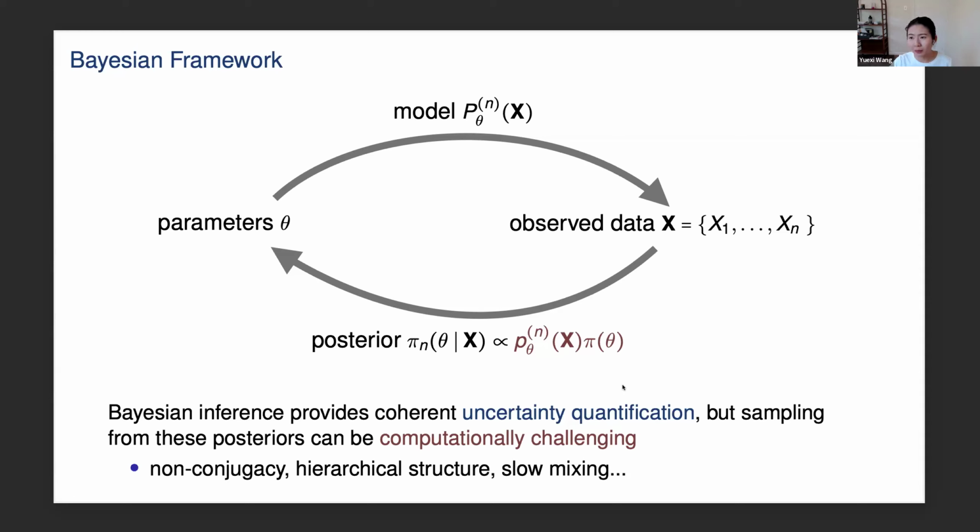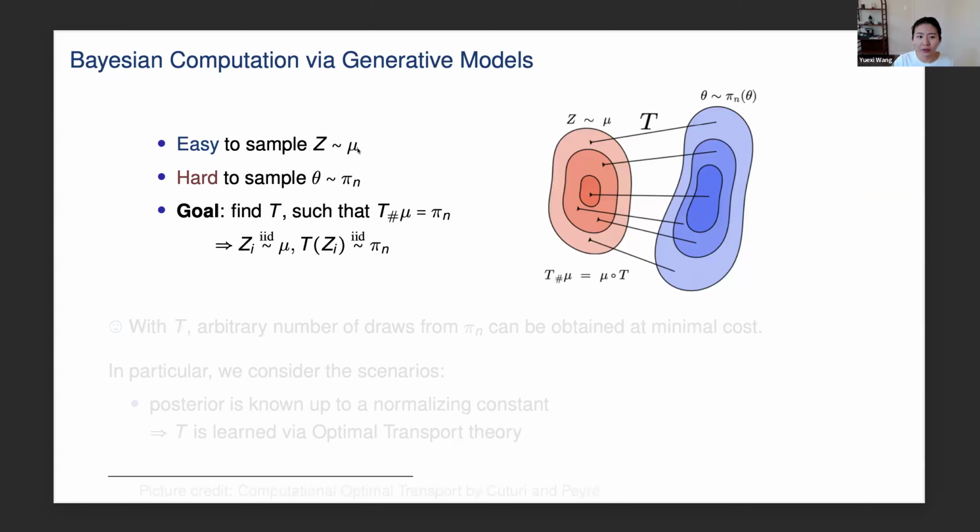But it's no secret, especially here at a seminar on Monte Carlo methods, that sampling from this posterior can be computationally challenging for various reasons, and people have proposed all different kinds of computational algorithms to solve these issues. We will show a slightly different approach here using generative models. To be more precise, I consider the scenario where you have an easy to sample reference distribution. It can be your prior distribution, a standard Gaussian, or a standard uniform.